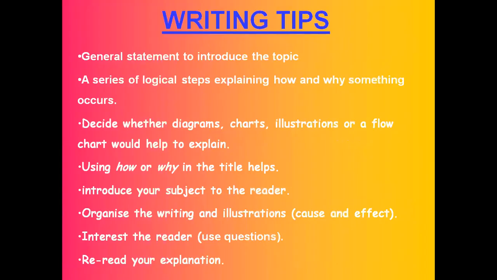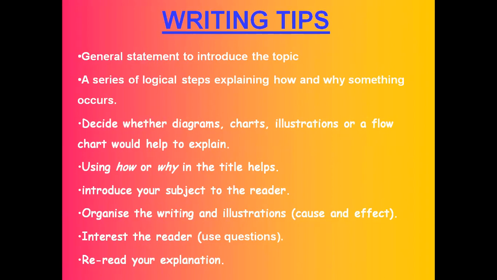Again, these are the writing tips in one place. At the beginning, a general statement to introduce the topic, and you can write a title using a question form like how the rainbow is formed, why the rainbow is formed, how chocolate is made.